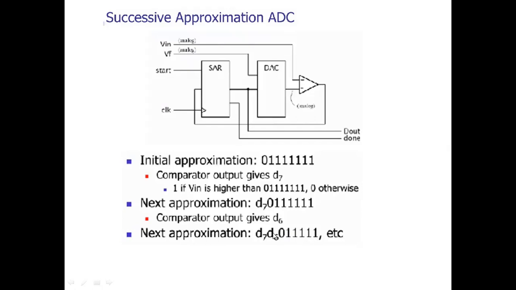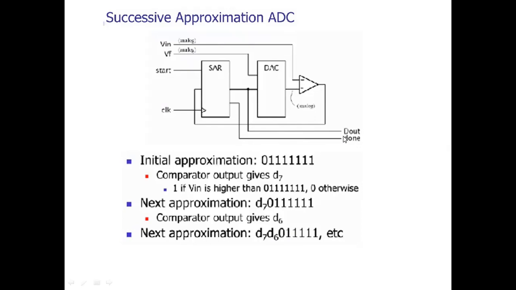So this will happen 8 times, up to the D0 bit. After the 8th cycle, from D7 to D0, all these bits will be stored in the SAR. Once this happens, the done bit will be activated.